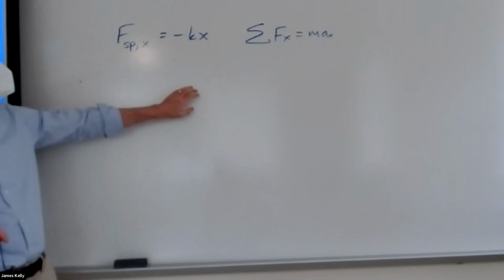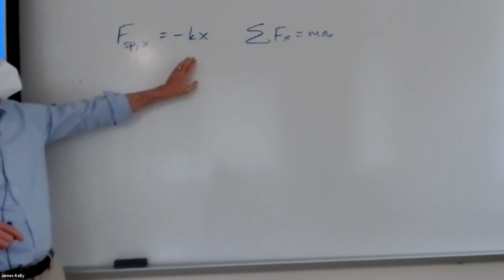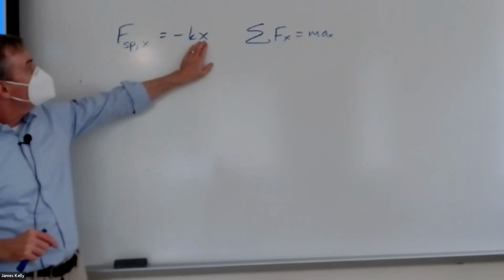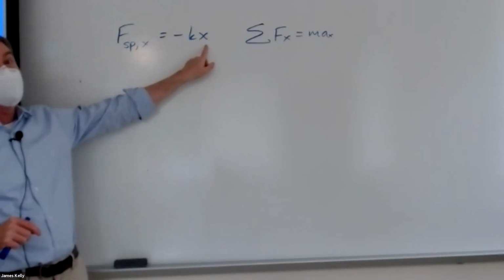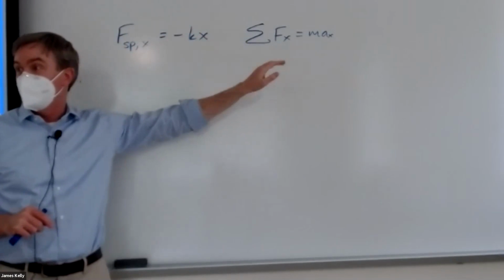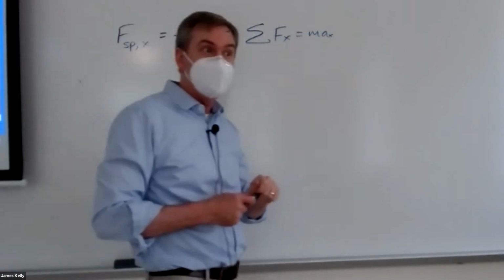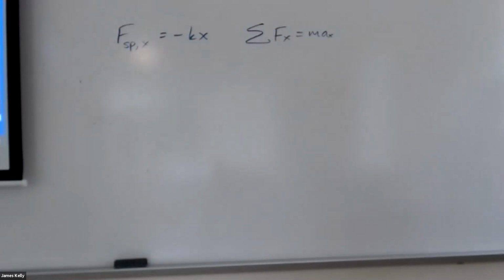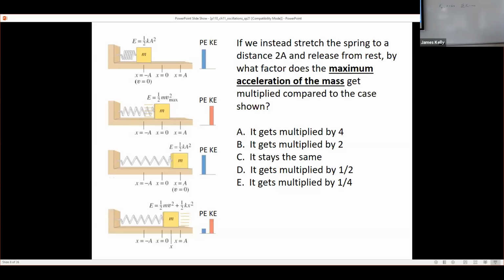And so that means that if we have x equals A, we've got a certain force there. If we double x, we're going to double that maximum force, and therefore we're going to double the acceleration. So again, the answer, I agree, is B. Okay. Part of that is just to remind us about Hooke's law and reasoning about the potential energy associated with it, and so on.